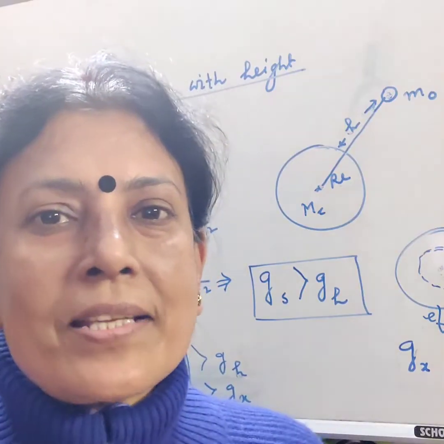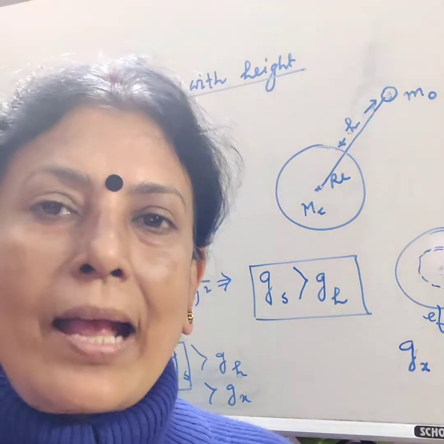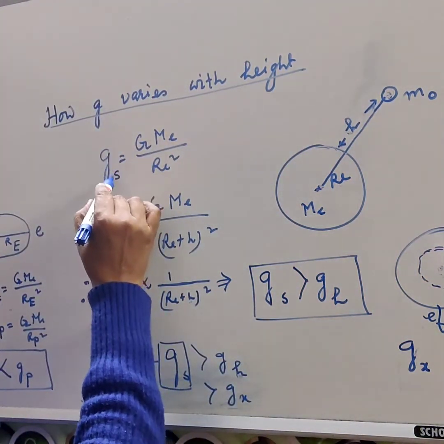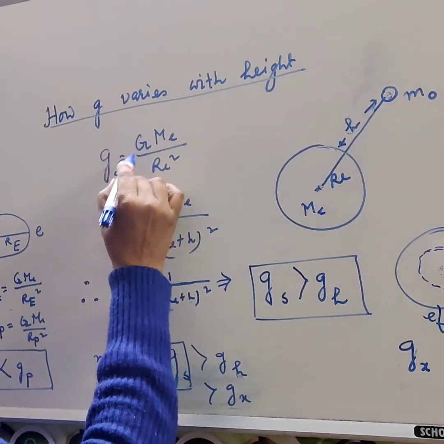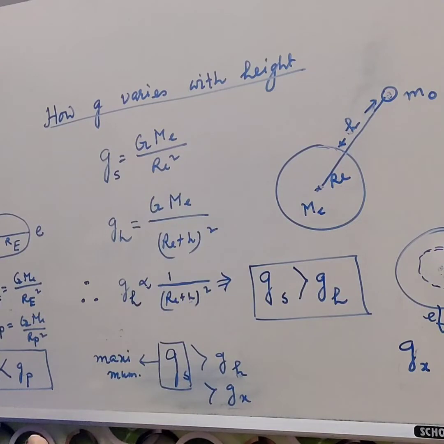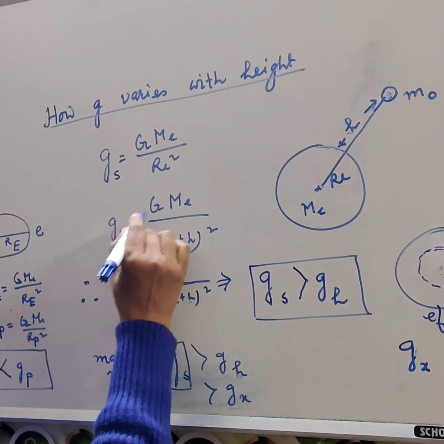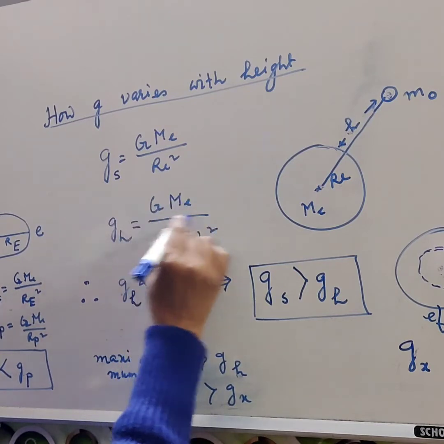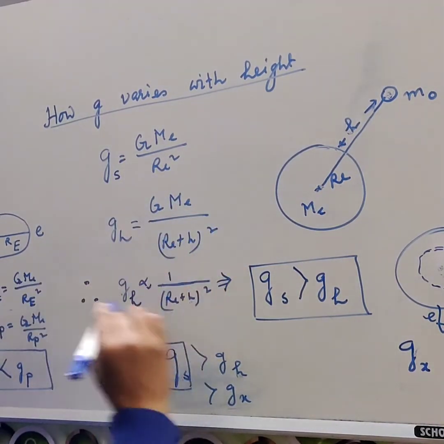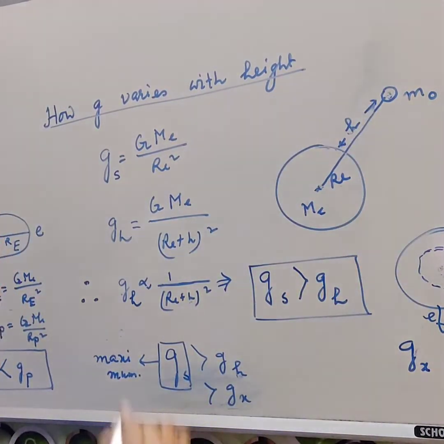Now let's see how acceleration due to gravity varies with altitude. We already know acceleration due to gravity on Earth's surface is equal to capital G into mass of Earth divided by radius of Earth whole square. But acceleration due to gravity at an altitude is equal to G into ME divided by RE plus H whole square, where RE plus H is the distance between centers of mass.